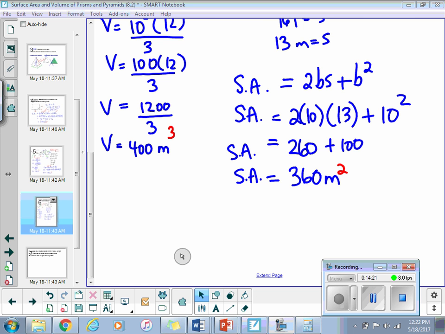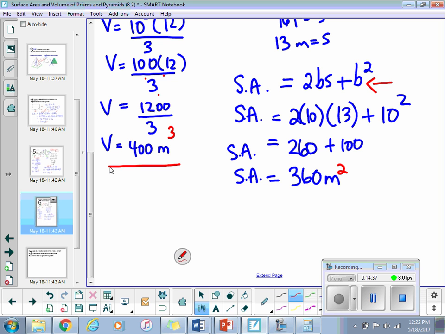You should have figured that the volume turns out to be 400 meters cubed if you plugged everything in correctly, and it is cubed. And your surface area using this equation, you should end up with 360 meters squared.